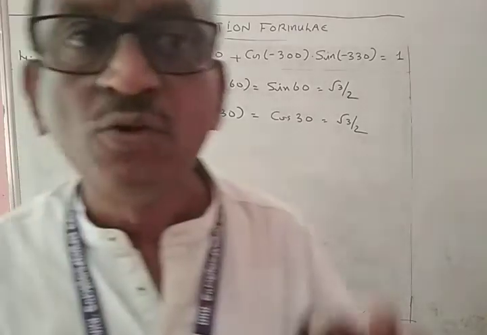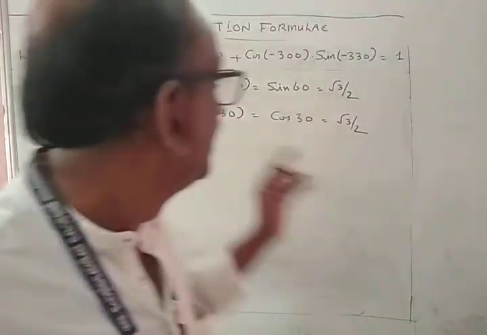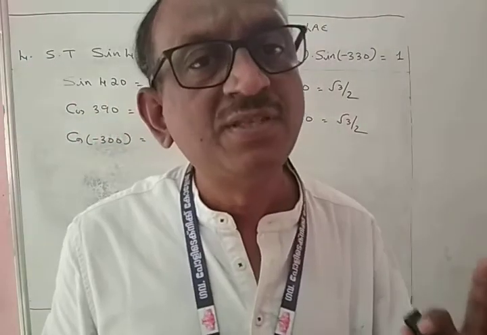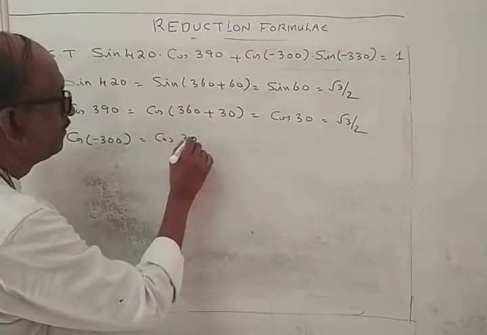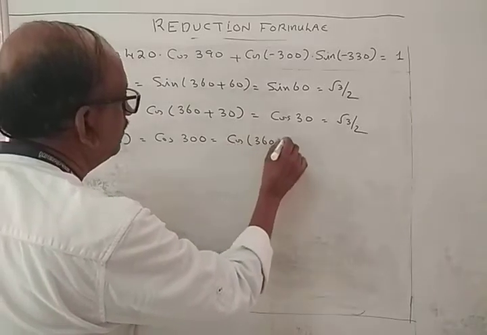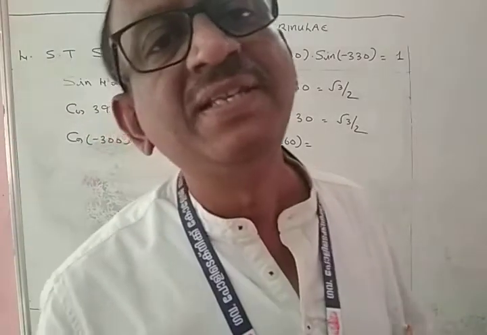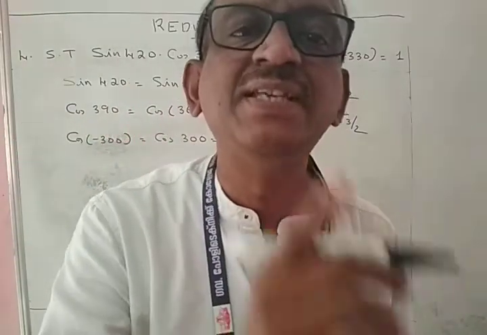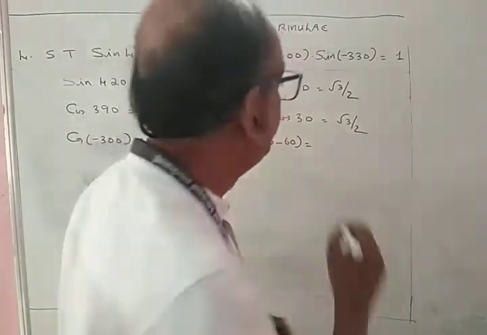We know that cos minus theta is the same as cos theta. Therefore, cos minus 300 is the same as cos 300, which is the same as 360 minus 60. 360 minus 60 is in the fourth quadrant. Therefore, the answer cosine is positive.